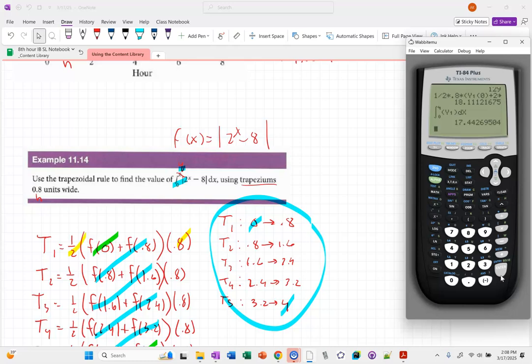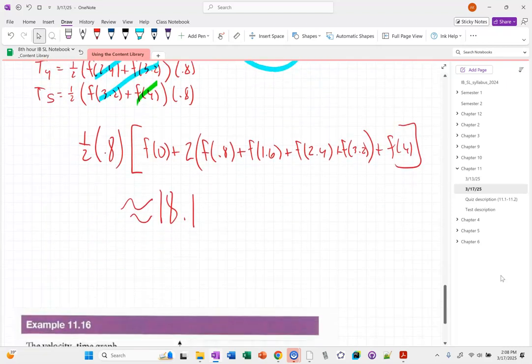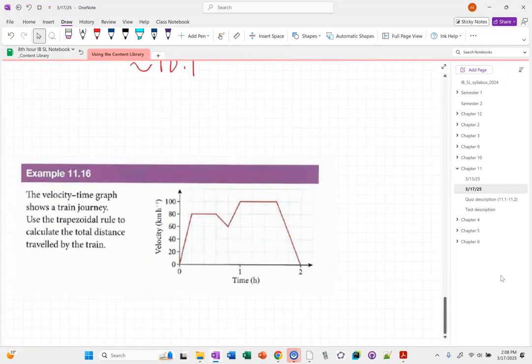And I should get something that's fairly close, I do. So I have a little bit of an overestimate with my trapezoids, but that's fine. We knew it was an approximation anyway. Pretty decent, right? If I didn't have a calculator to use, boy, that'd be pretty good.